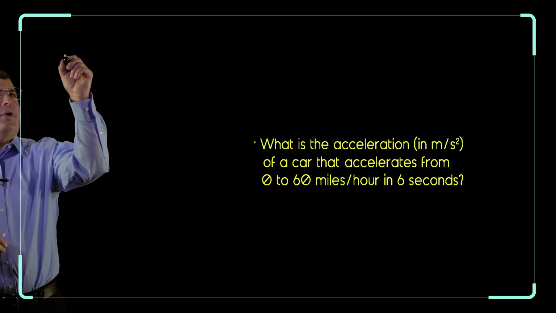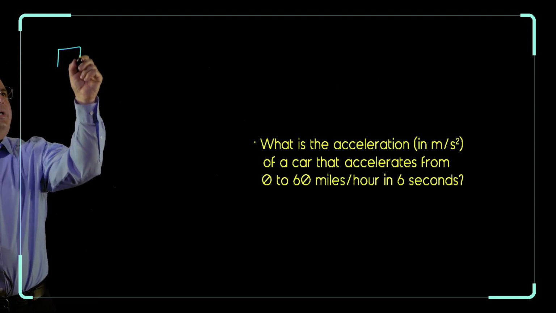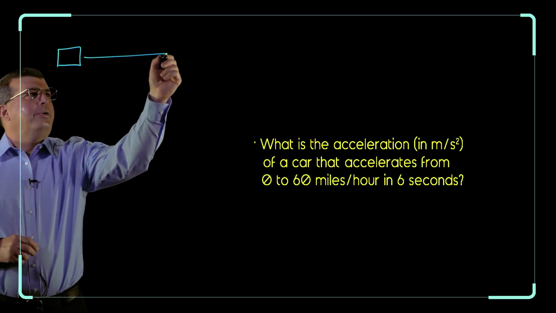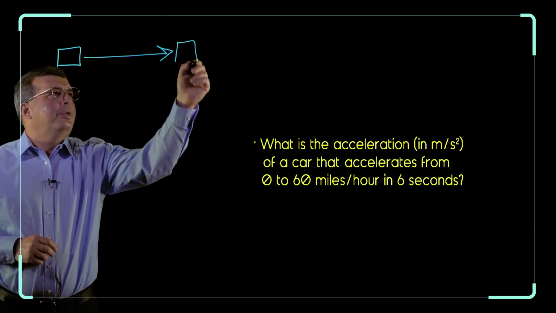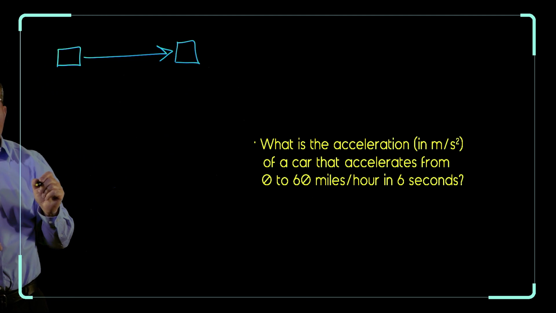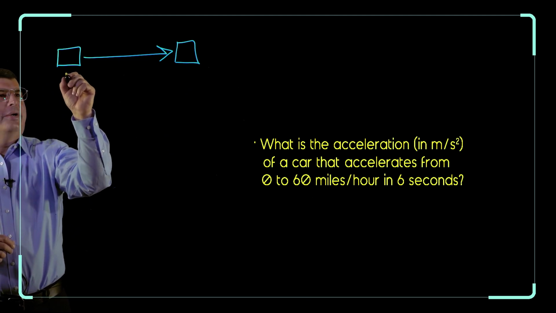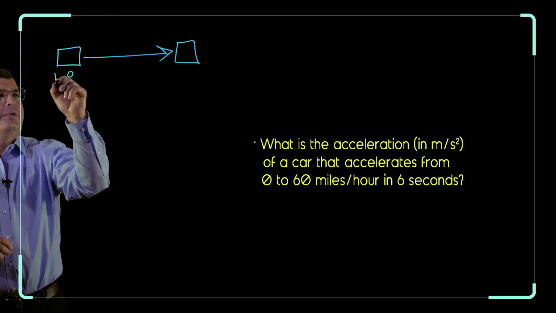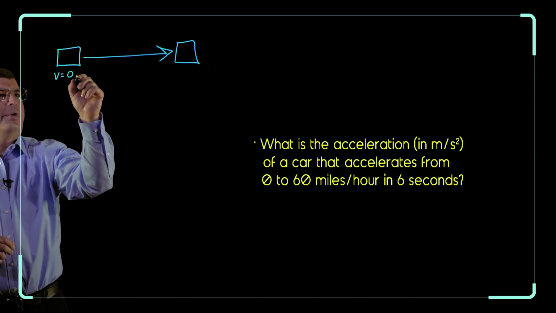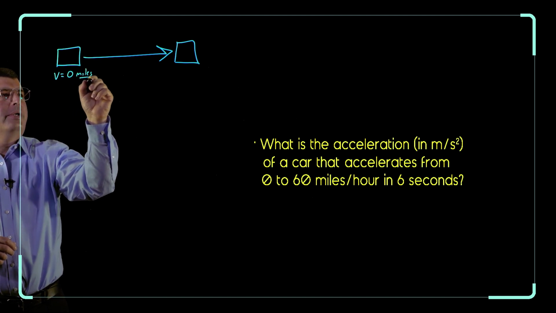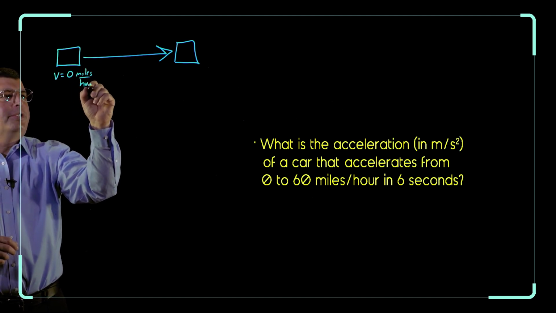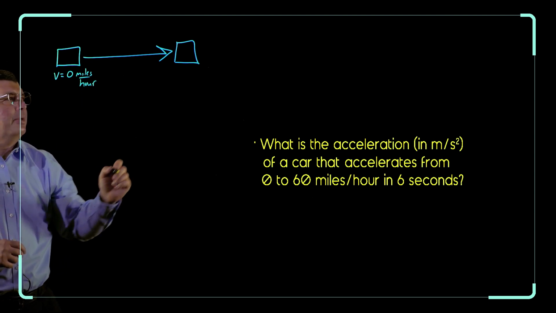Our motion diagram is going to look similar to what you've seen before. We have our car. Initially, its speed is 0 miles per hour.